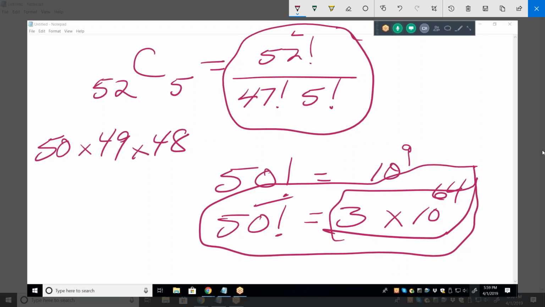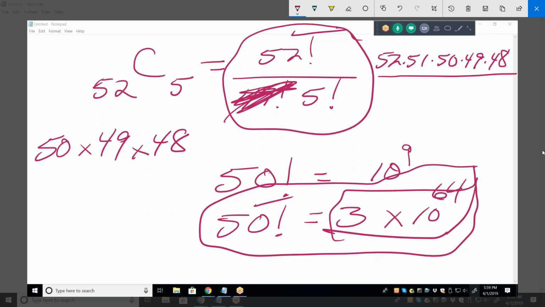So this number up here, even though it's only going to be 52 times 51 times 50 times 49 times 48, notice the 47 factorial takes care of everything else. That's the way you do those problems. And I still got the 5 factorial, which is 5 times 4 times 3 times 2. So that number still is going to be in the millions.